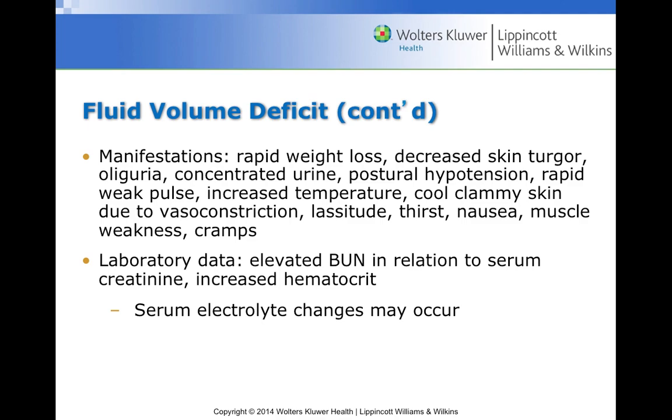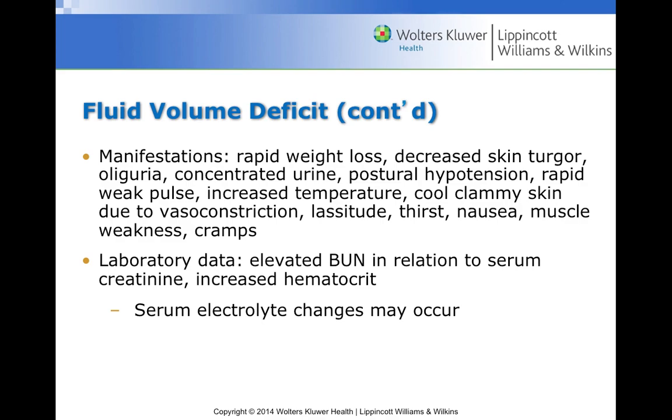Note that the urine-specific gravity is increased in relation to the kidneys' attempt to conserve water and is decreased with diabetes insipidus. Aldosterone is secreted when fluid volume is low, causing reabsorbed sodium and chloride, resulting in decreased urine sodium and chloride.